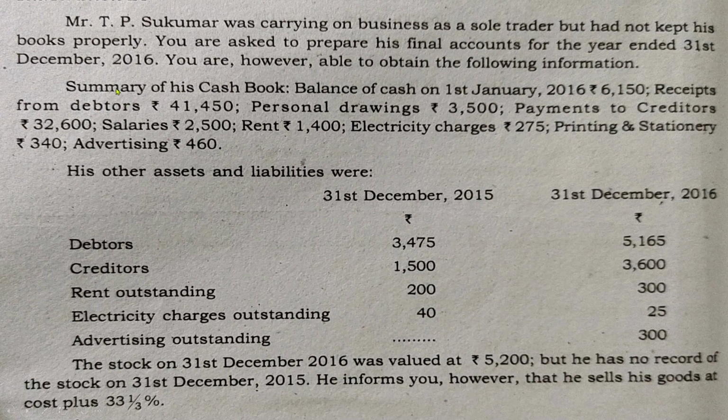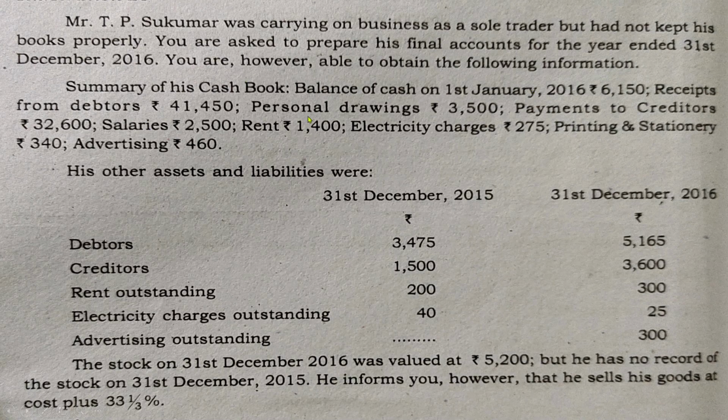So the closing period is 31st December 2016. See, it's given: 31st December 2015 is opening, 31st December 2016 is closing. Summary of cash book is given. All these transactions have to be recorded in the cash book. Balance of cash, that is opening cash, is given.